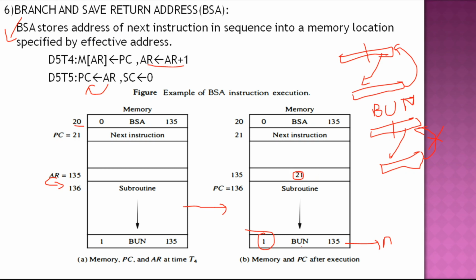So BUN means nothing but jumping to the next instruction. So we are jumping from 135 to 21 because initially 21 was stopped and we jumped to 136. After executing 136, we are again going back to 21, that is the previous instruction. Here it is specified as the next instruction. I think you understood it very clearly.